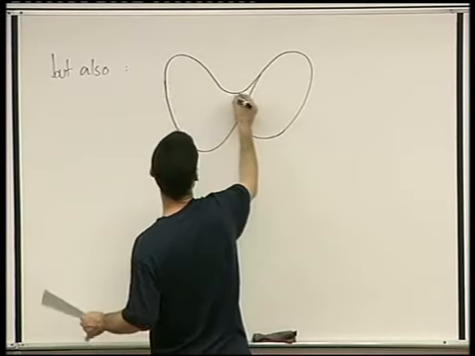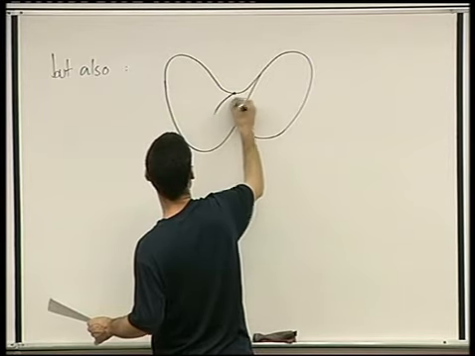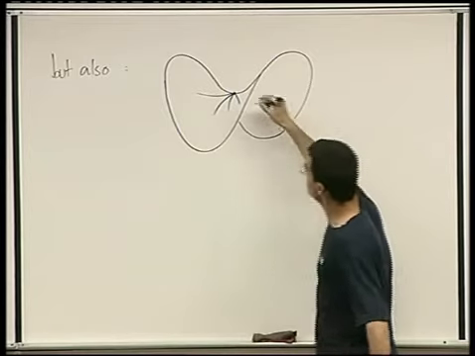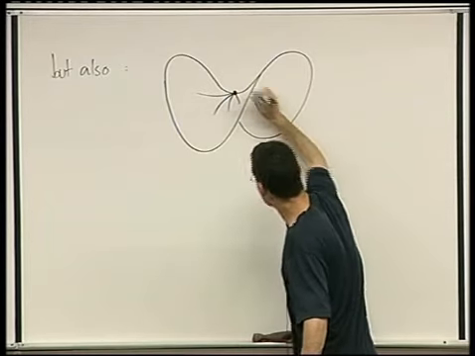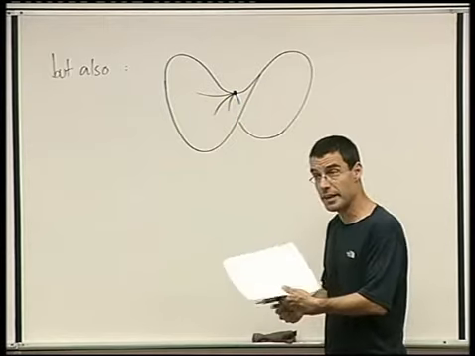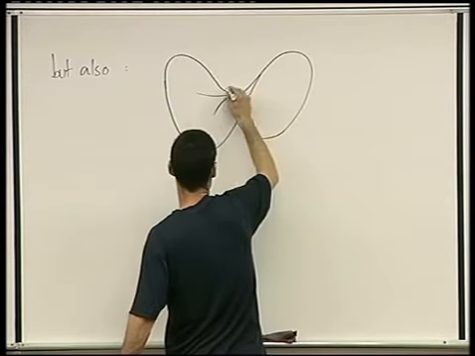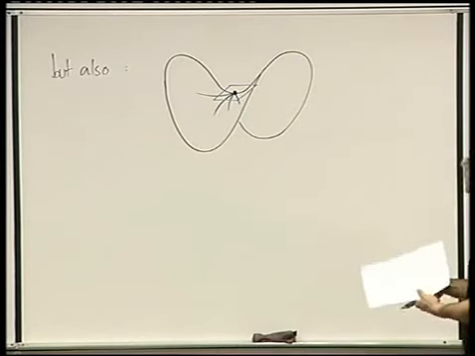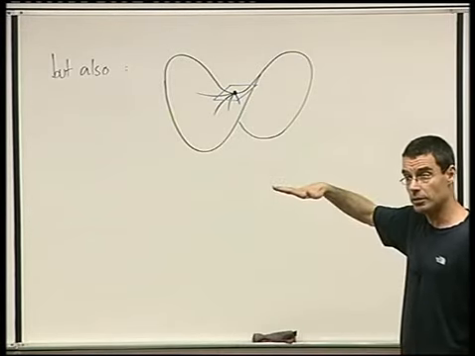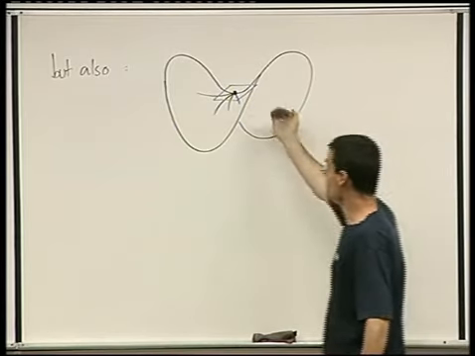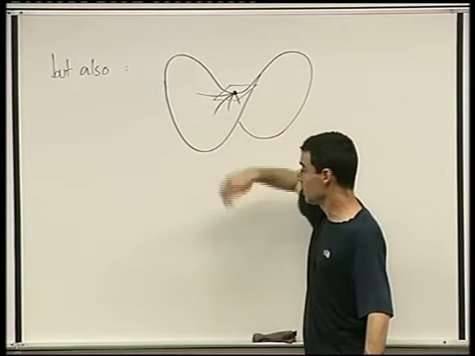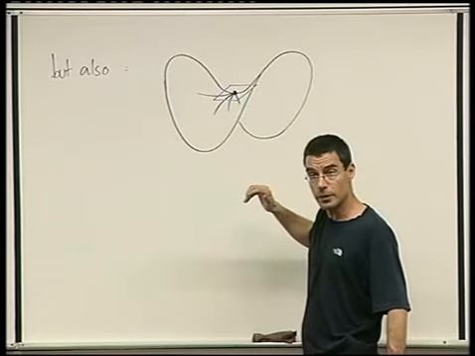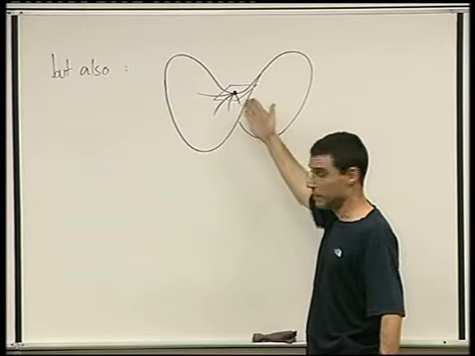Remember the saddle? So this point here, if you try to draw a tangent plane there, it's going to be horizontal, right? But if you go in these directions, you're going down, and if you go in these directions, you're going up. So it's clearly not a minima or a maxima.